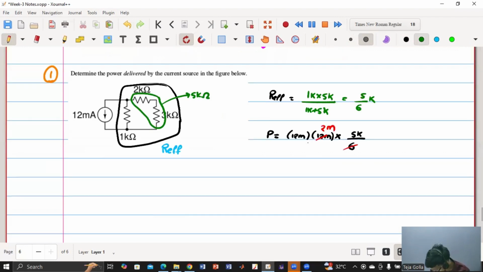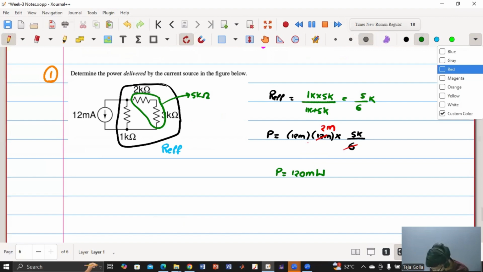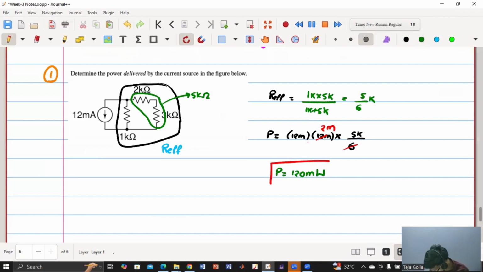So how much is the power? 120 milli, right? Agree? Very simple. I have found the effective resistance and then used P equals I square R, and solved P equals 120 milliwatt. Is this clear? P equals 120 milliwatt.